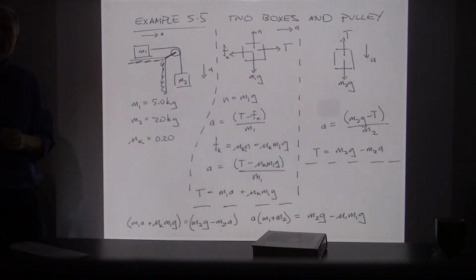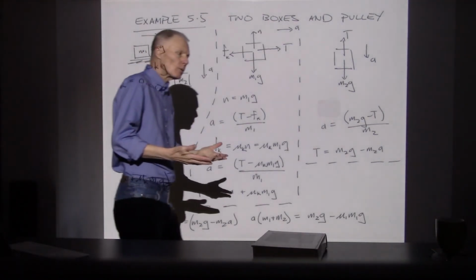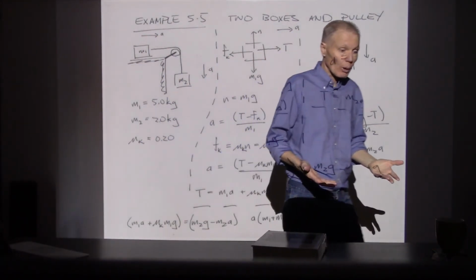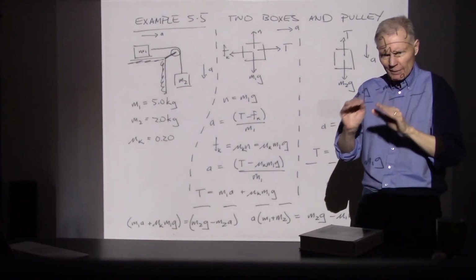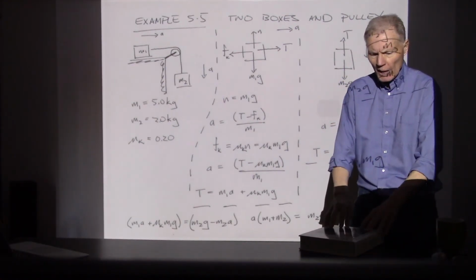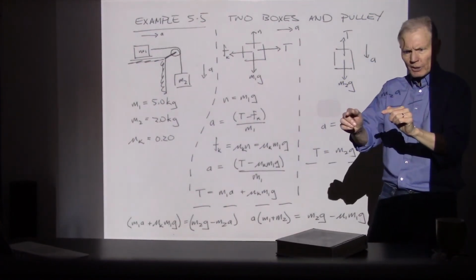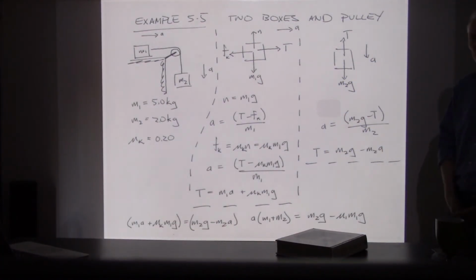And I hope these are the kind of things that start feeling more familiar, right? We can play a game like that. I can take this book and give it an initial velocity. I'm going to give it a push, which gets it moving. It's going to start at some speed, and the edge of the table is a meter away. Is it going to go over the edge, or is it going to stay on the table?